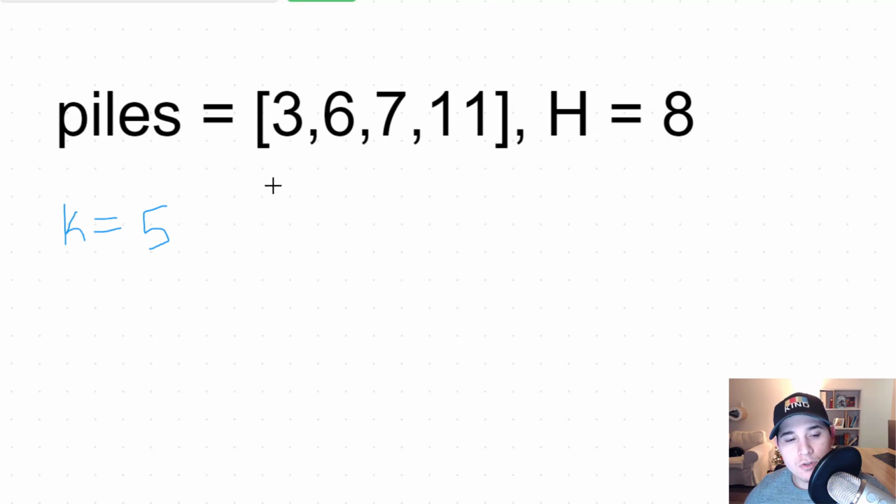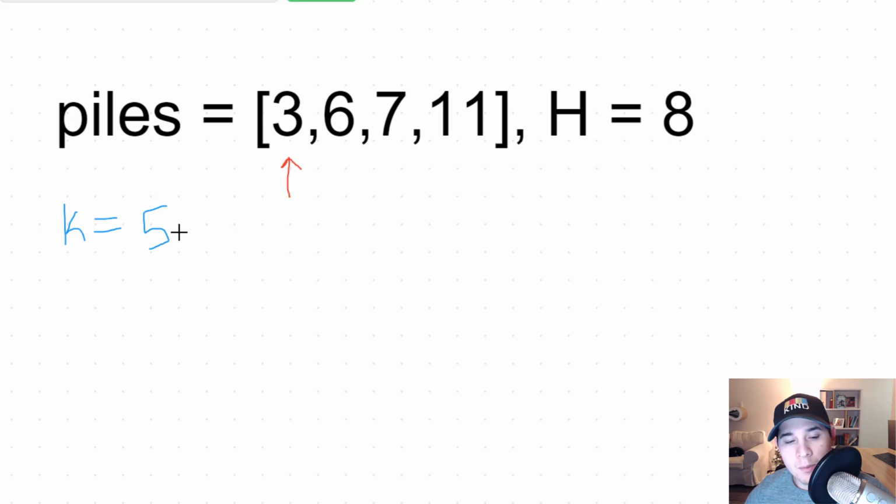What we have to do is iterate over all of our piles and determine how many hours it will take. So let's start at the first pile. Our first pile has 3 bananas, and we're allowing Koko to eat 5 bananas per hour, right?